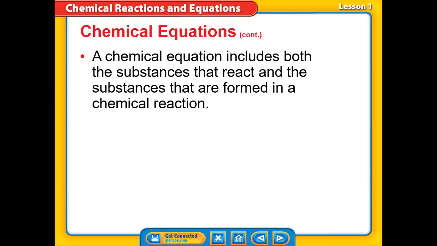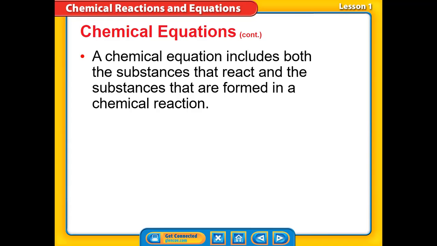Who can remind me what are the two sides of a chemical equation? Yes, Maya? There is the side before the arrow and the side after the arrow. What do we call them?